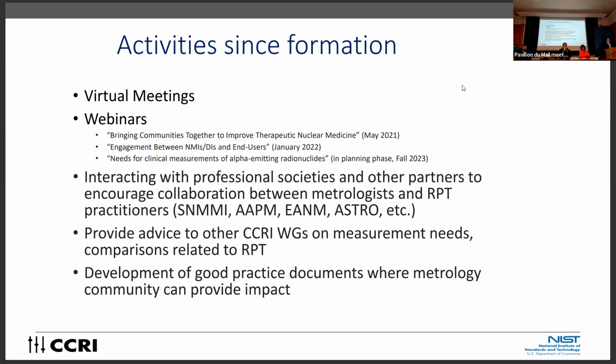So some of the things that we've actually accomplished since forming the working group: we've had, I think, 6 to 8 virtual meetings, doing a lot of planning. We've held 3 webinars so far. One in May of 2021, January 2022, and fall of 2023.